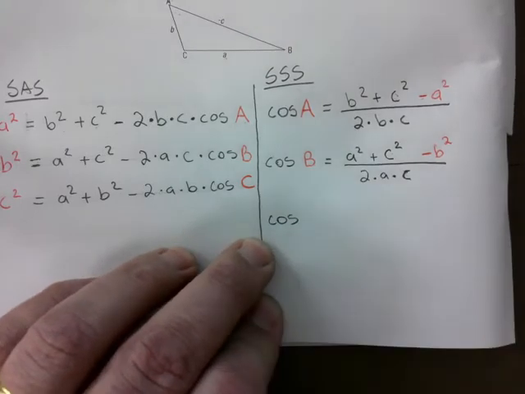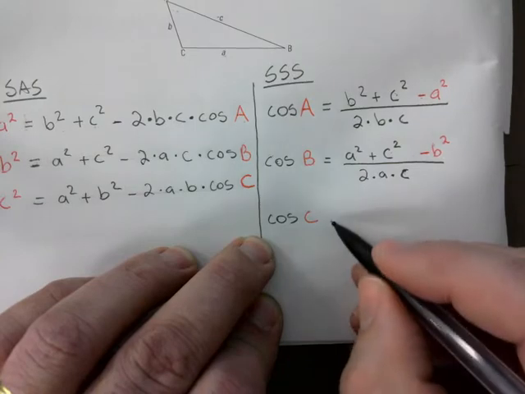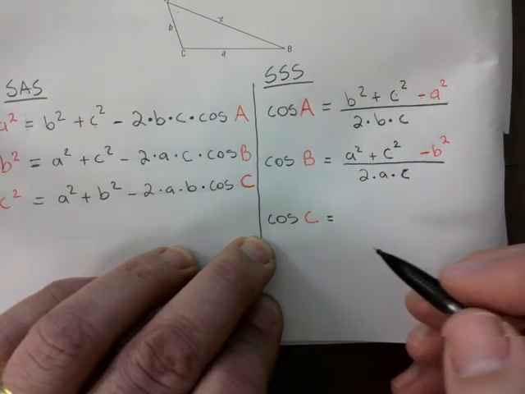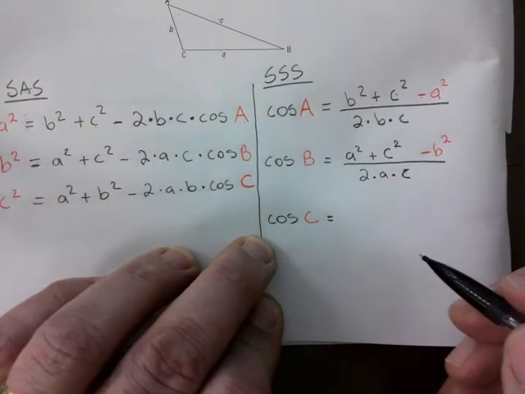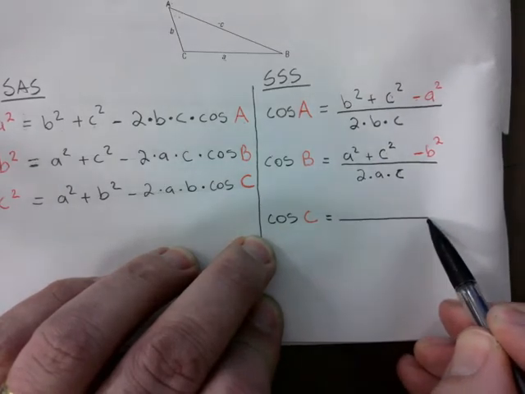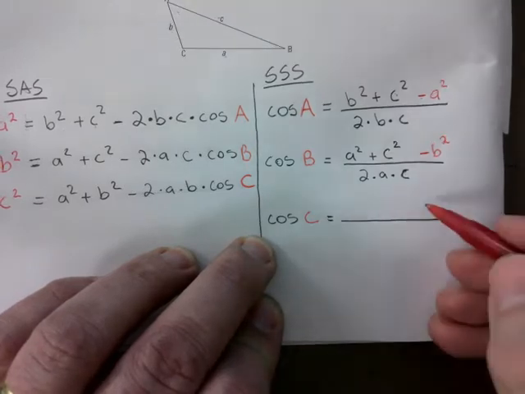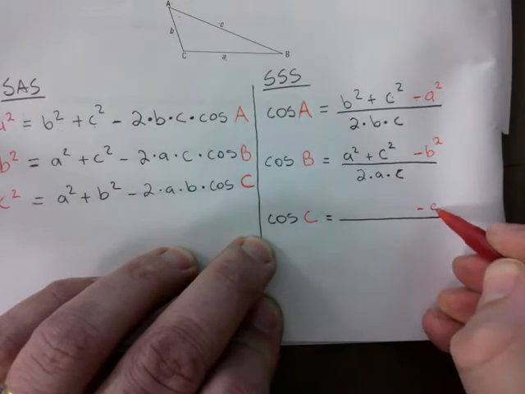Cosine, last variation, there's only 3 again. We're on 275. Cosine of C, the first thing you do is minus C squared.